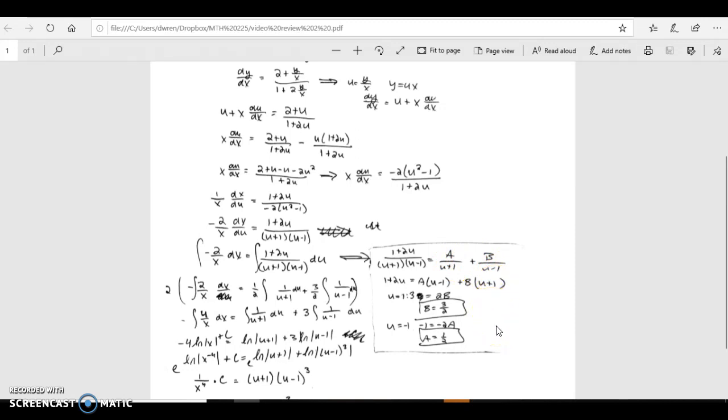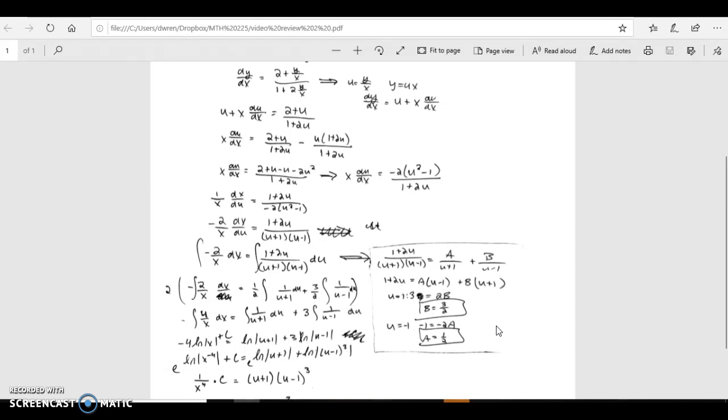So to first cancel out the a term, we can use u equals 1, which would have us at 1 plus 2 times 1, which is 3, which equals b times 1 plus 1, or 2. Dividing by 2, you would get b equals 3 halves. Doing the same with negative 1, we can cancel out the b's.